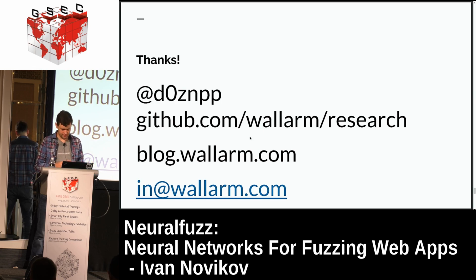For many reasons, I have no way to disclose all the train sets because some of them are based on our data from our clients, data from honeypots, and we have no ways to disclose this data. But I'll publish a pre-trained neural network, and I'll publish a tool for how to train this neural network based on open source data like FuzzDB, FastXT, all these things.